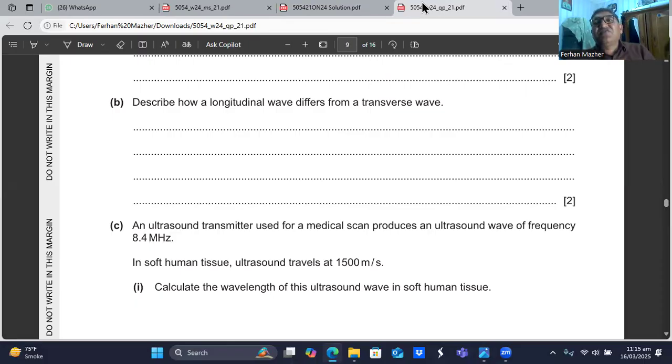In transverse waves, the particles of the medium vibrate perpendicular to the direction of the wave. This is one difference. The other difference is that longitudinal waves consist of compressions and rarefactions, whereas the transverse waves consist of crests and troughs.